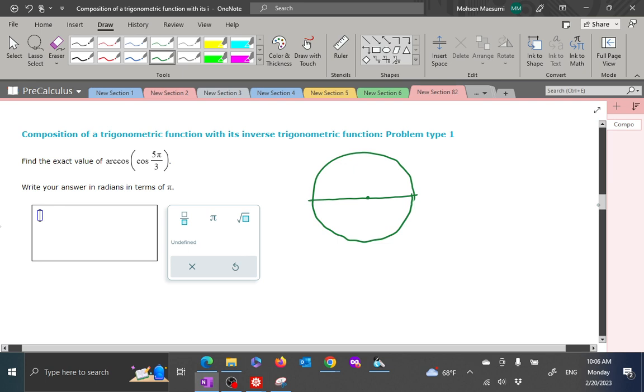It's about here. This is the angle 5 pi third. How did we measure cosine? We said we drop a perpendicular, and this is what cosine of 5 pi third is.